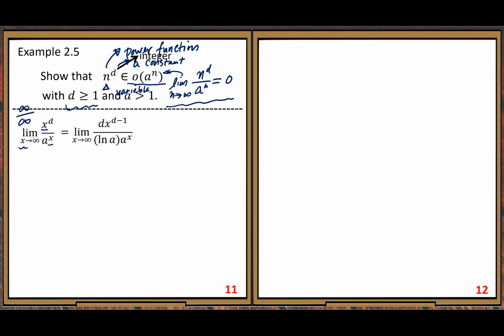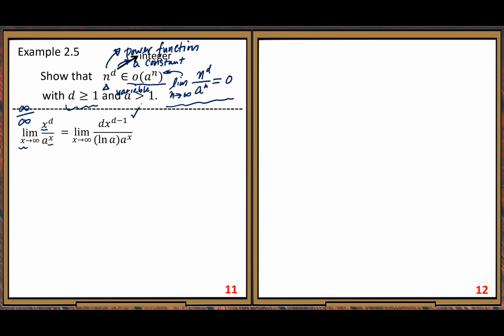Then we can apply L'Hopital's rule. For the numerator, we use the derivative formula of a power function, d times x to the d minus 1 power. You can easily find that formula. The denominator is also the derivative of the exponential function.